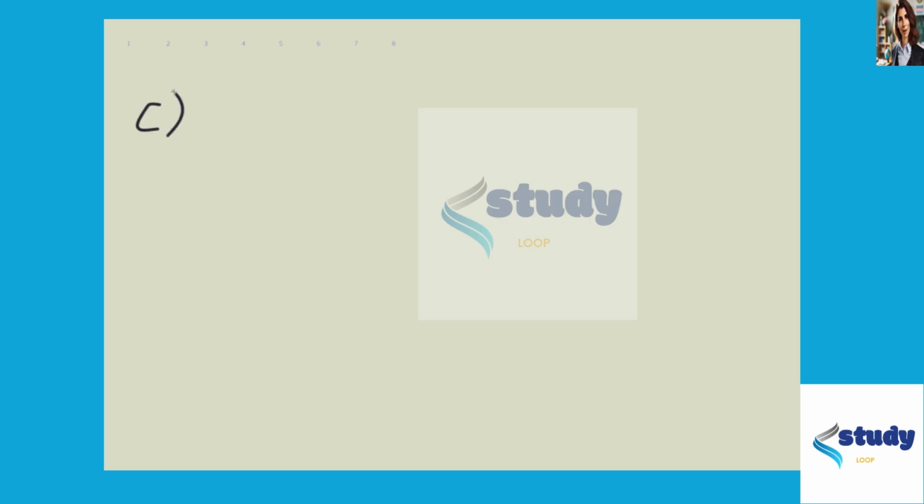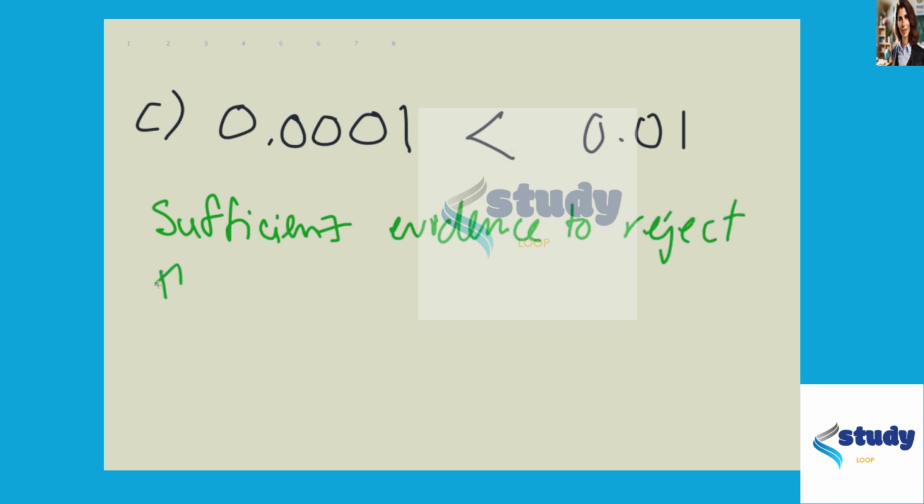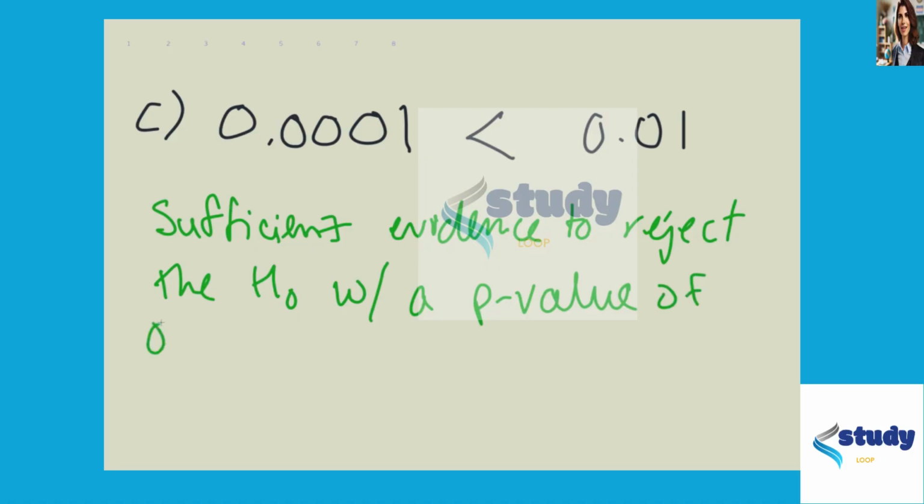So this is part C, with a p-value of 0.0001, we're going to compare that to an alpha value of 0.01, and this p-value is much less than 0.01, so we have sufficient evidence to reject the null hypothesis with a p-value of approximately 0.0001 at an alpha of 0.01.